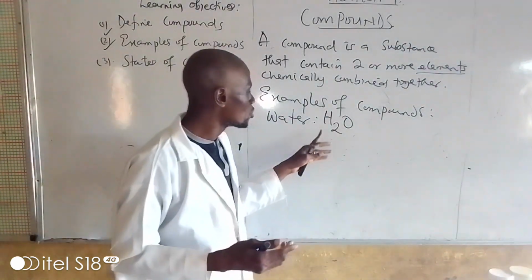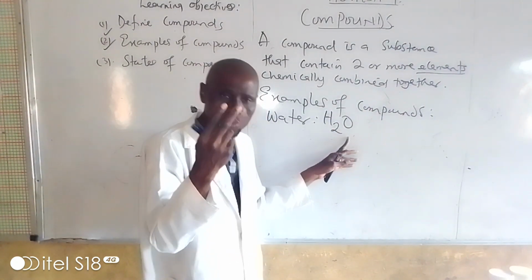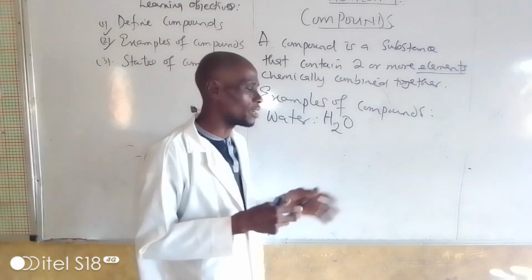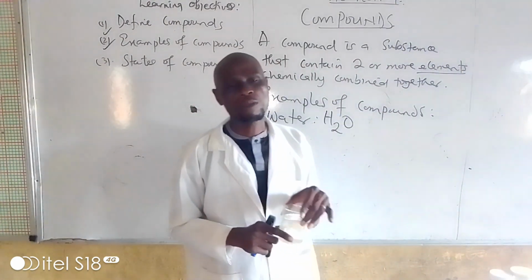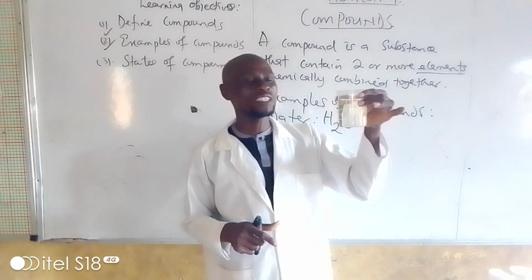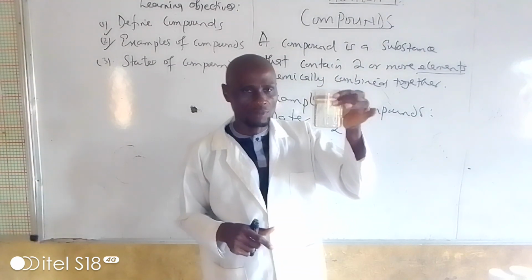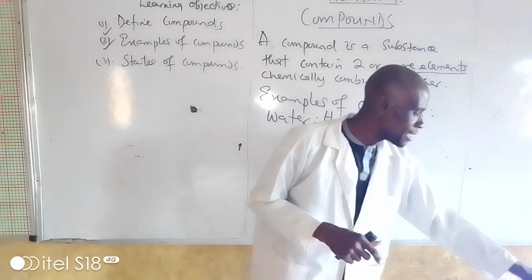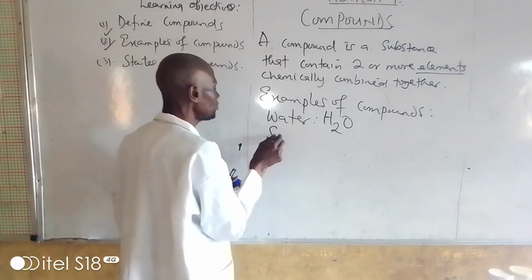So water contains hydrogen and oxygen, the two main elements inside water. So water is an example of compound. You can see here, H2O, water is an example of compound.